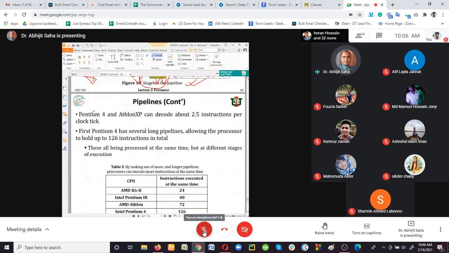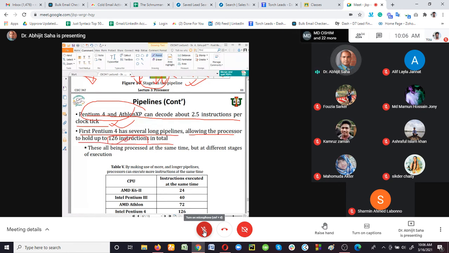Now you can see here that Pentium 4 and Athlon XP can decode about 2.5 instructions per clock tick. These two processors decode about 2.5 instructions per clock, and the first Pentium 4 has several long pipelines, allowing the processor to hold up to 126 instructions in total.